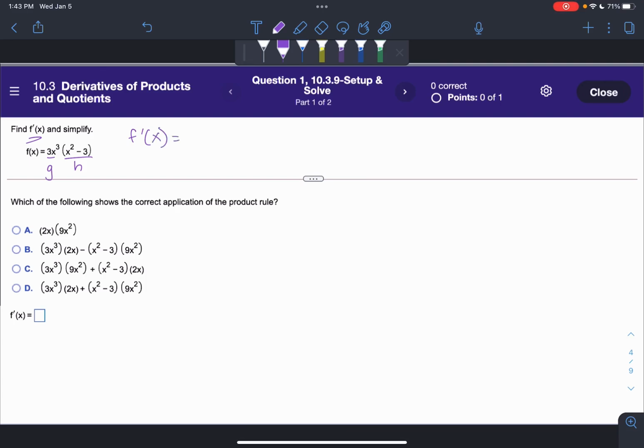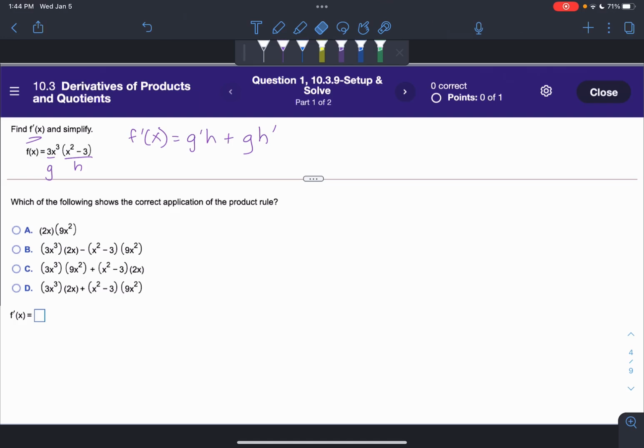So g prime, right, and then you leave the other one alone, plus, now you leave the one that you just took the derivative of, and then take the derivative of the one you didn't, if that makes sense. So I took the derivative of g here, and then left it alone here, and then I left h alone here, but I took the derivative here.